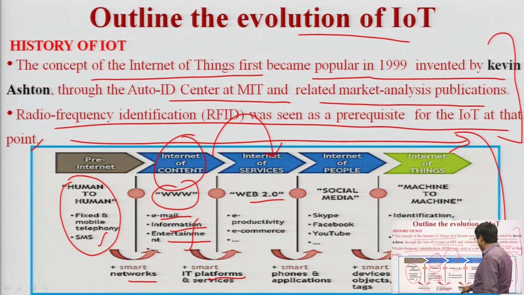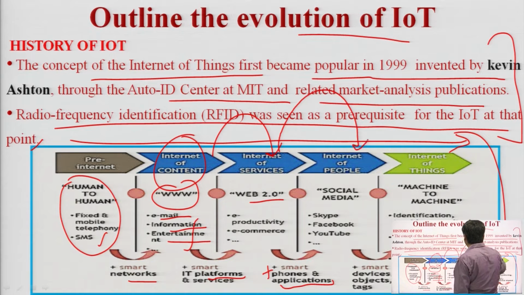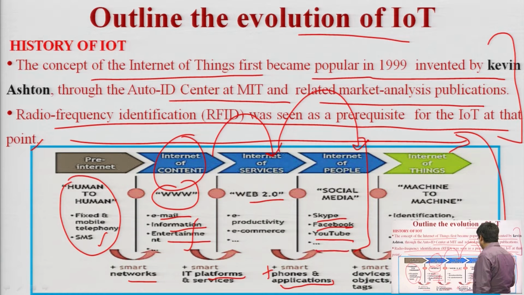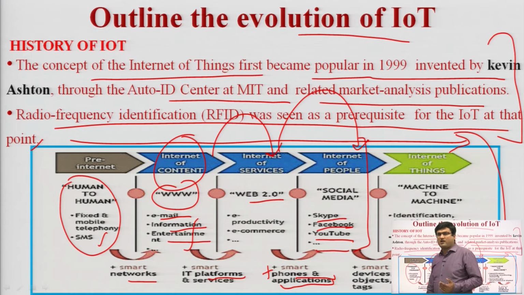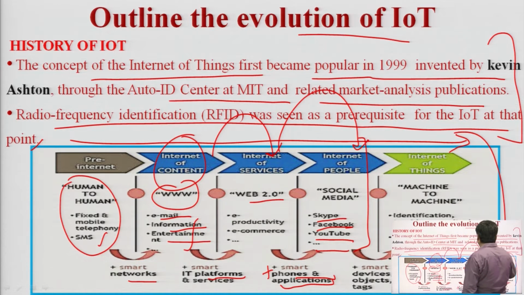After that, we add smartphones and applications, evolving from the internet of services to the internet of people, where people connect with one another through Skype, Facebook, YouTube, WhatsApp, which we are using right now. Smartphones are phones capable of more functionalities in addition to calling and messaging.